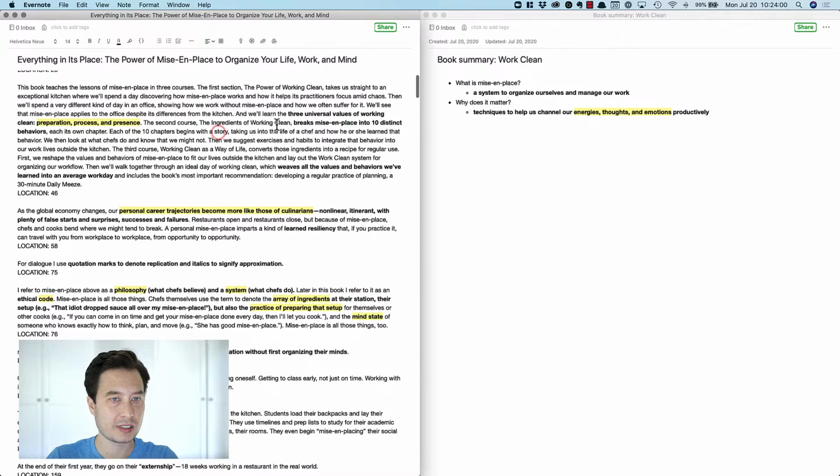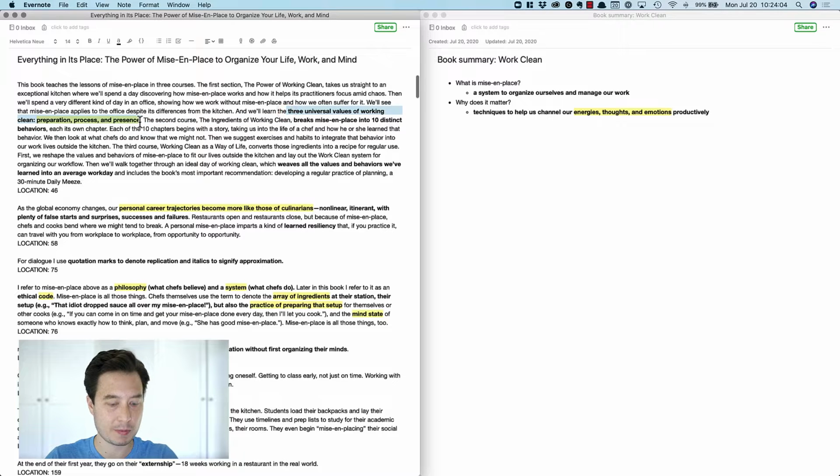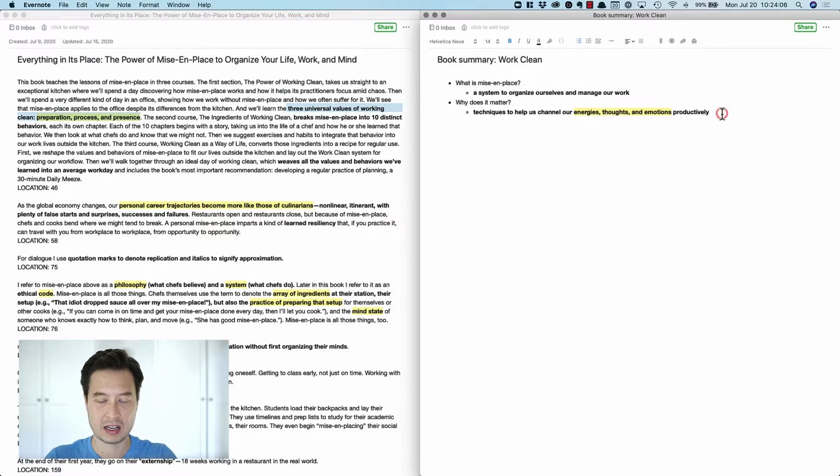So let's keep moving here. 3 universal values. So this jumps out at me as sort of a, I'm just going to call it for now, main principles of mise en place. Okay, that might change in the future. For example, I have a feeling I may move this up to the top, and this may become the 3 parts of the whole piece.